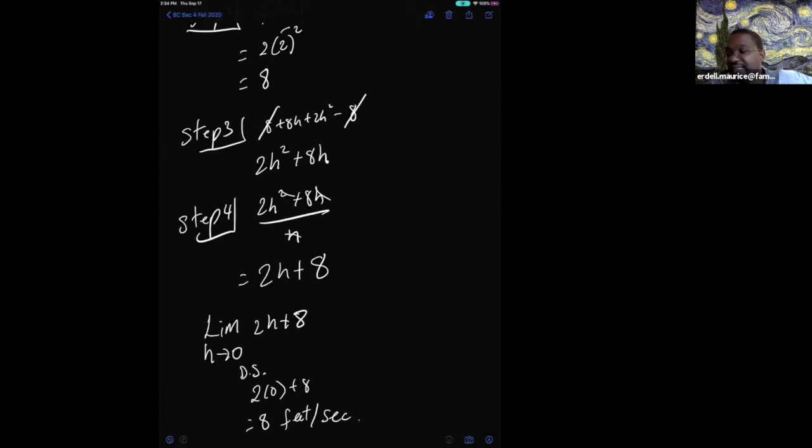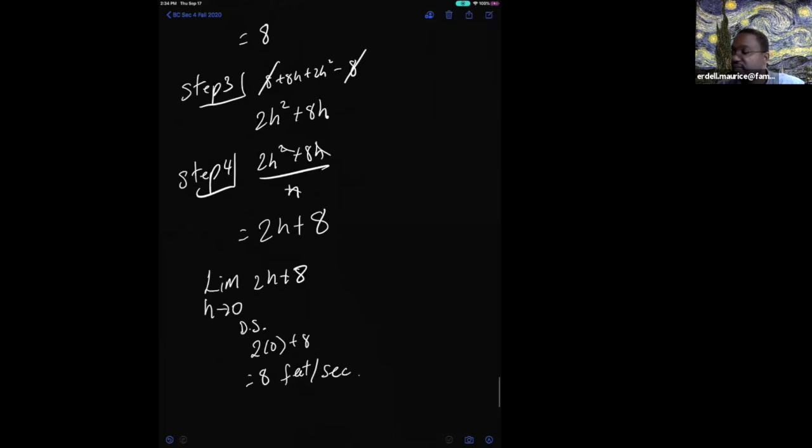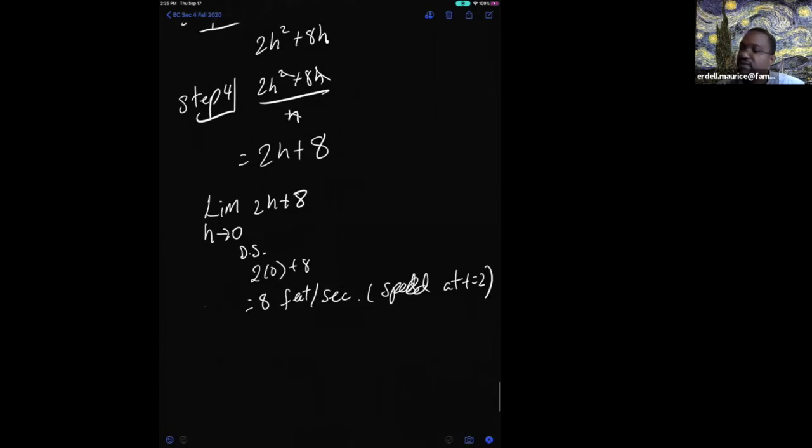Well, it was nice and all finding the speed at 2 seconds. So this right here is the actual speed at time t equals 2, right? But what happens if I want to find the speed at time t equals 3, or 4, or 5, or 100?